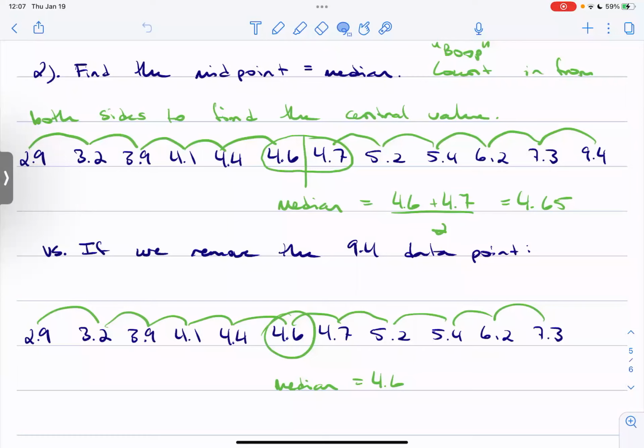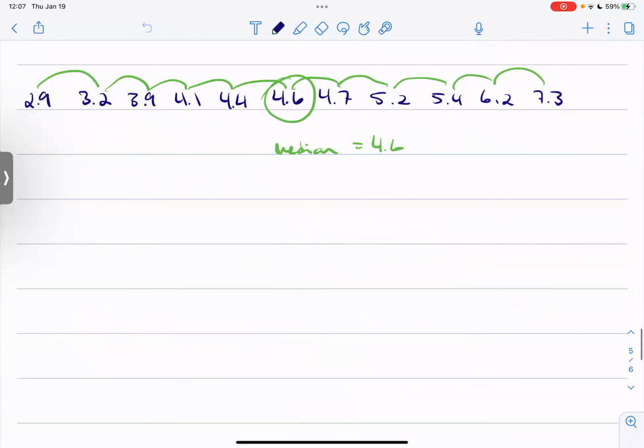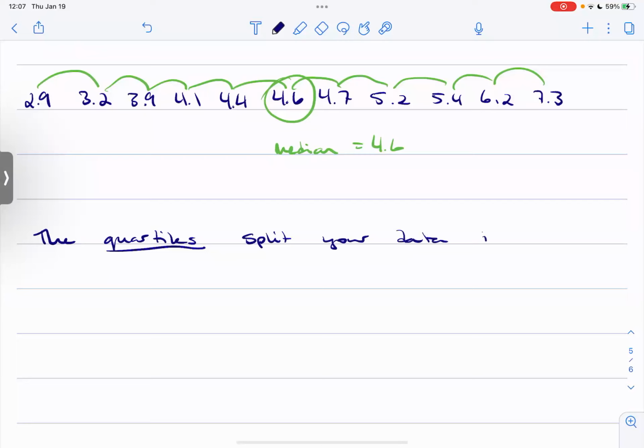And then the range, of course, is the distance between those two quartiles. So that's what we're building up to here. So the quartiles split your data into quarters.